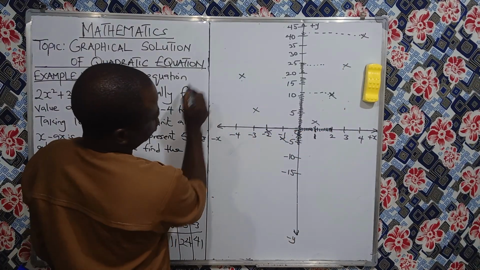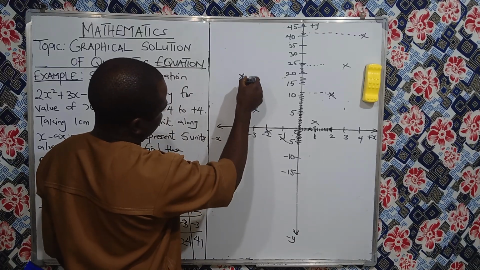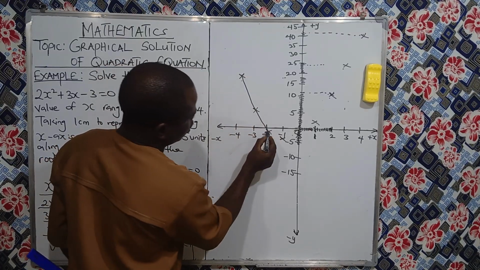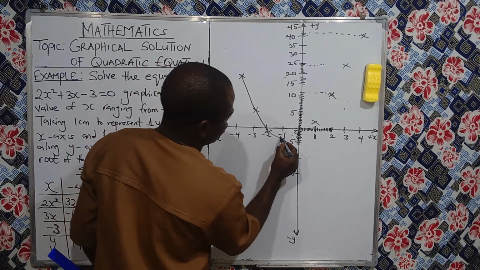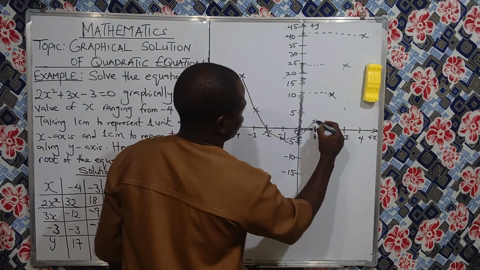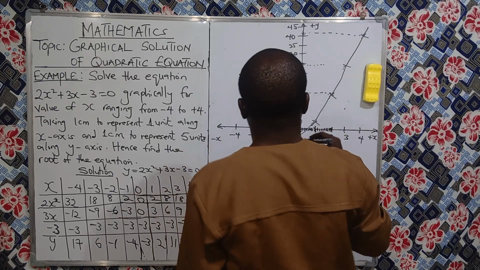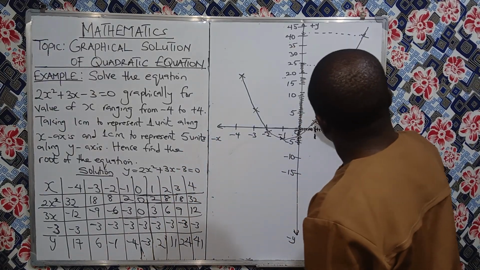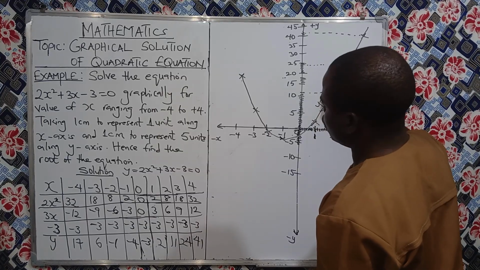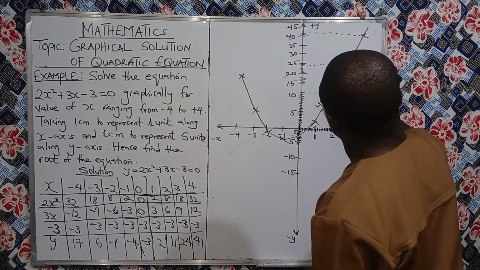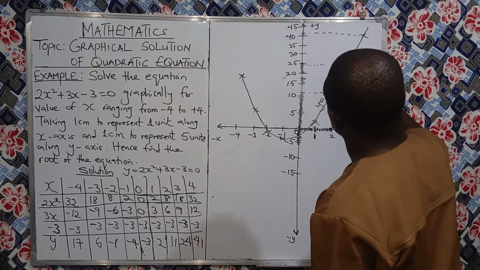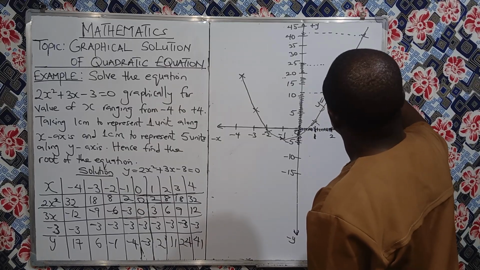Okay, now let's sketch it. In this case, you use a French curve for sketching. Okay, this is the quadratic graph y equals 2x squared plus 3x minus 3.